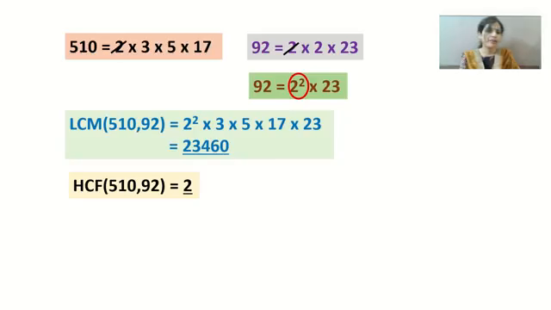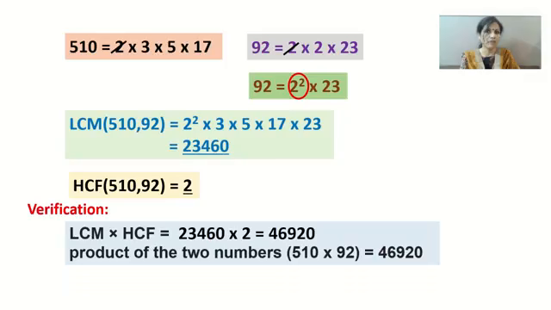Let's now verify. We have to verify that the LCM and HCF of the two numbers is equal to the product of the two numbers. So LCM into HCF is equal to 23460 into 2. That gives us 46920.